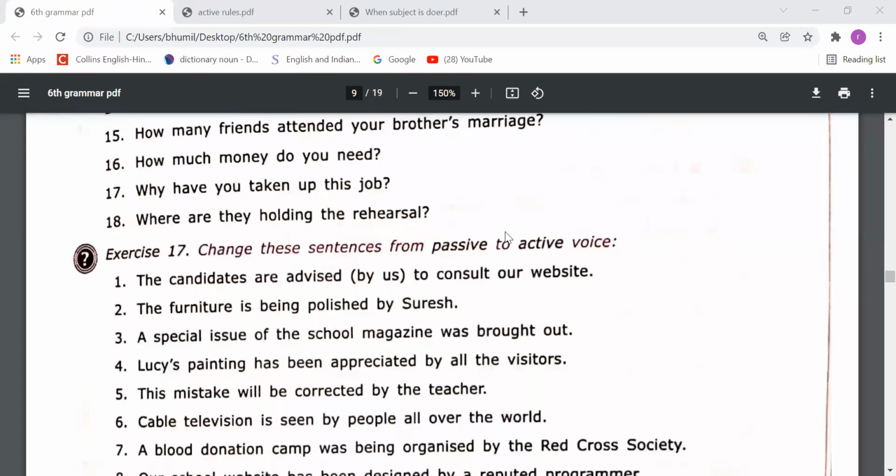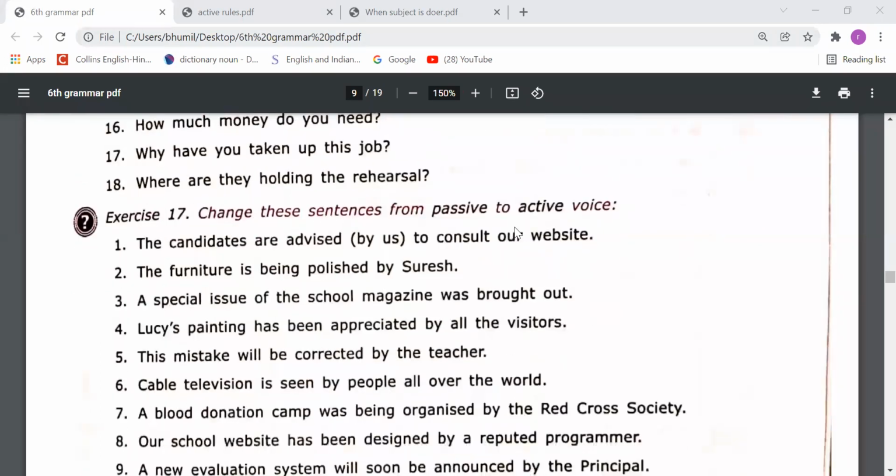Now sentence number 2. The furniture is being polished by Suresh. So what can be the answer of this? You have to change the sentence from passive to active. Give me the answer, please. Virat, you please tell me.